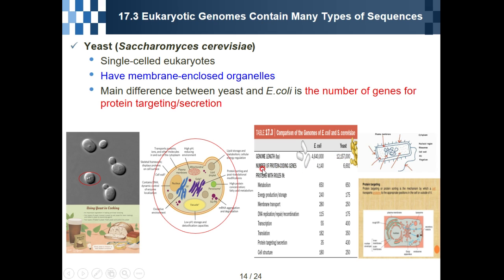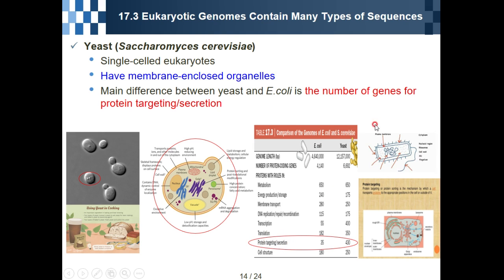Also their number of protein-coding genes is around 4,000 and around 6,000, nearly similar. So proteins with roles in metabolism are nearly similar. The main difference is the number of genes for protein targeting or protein secretion.